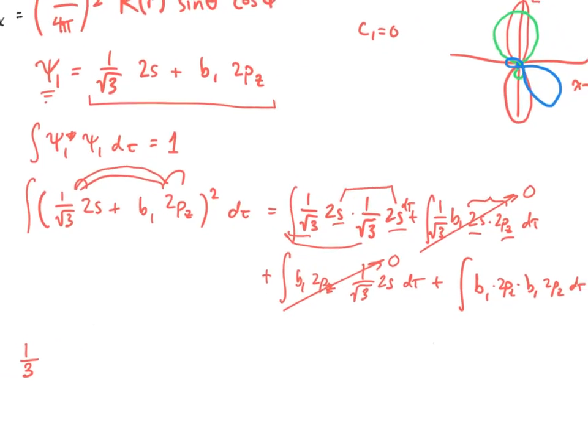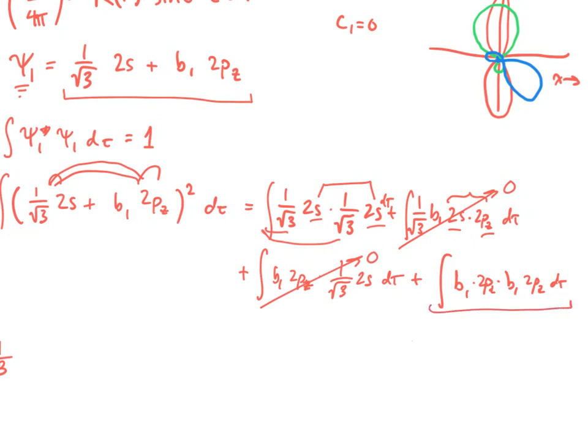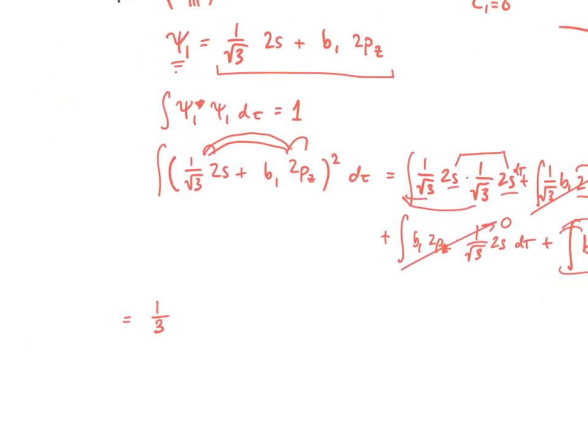A very similar thing can be done over here with this one. I've got the two orbitals times each other, integrated over all space. That's just going to equal 1. I can pull these b1s out, so I can say that this is just plus b1 squared, like so. And this whole thing just equals 1, according to that normalization condition. Subtract 1/3 from both sides.